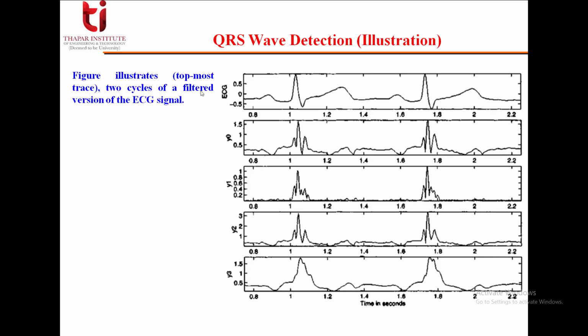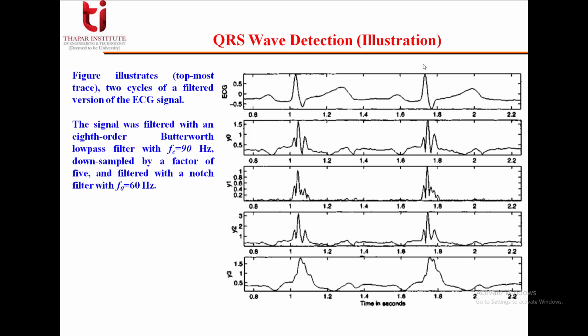Now you can see in this figure, the topmost trace represents 2 cycles of a filtered version of the ECG signal. We are assuming a filtered version of any ECG signal.